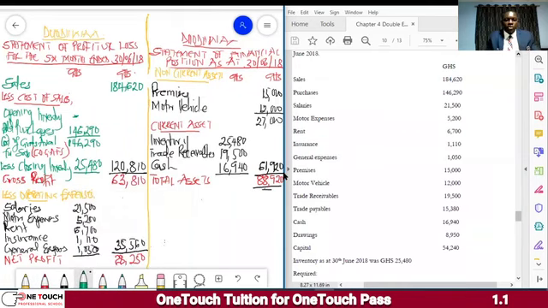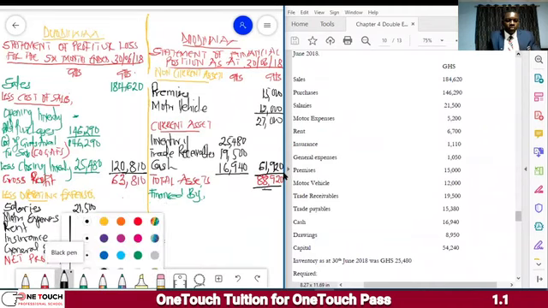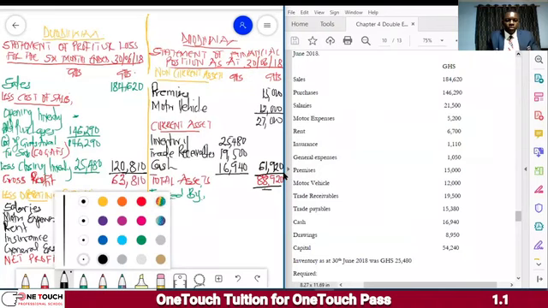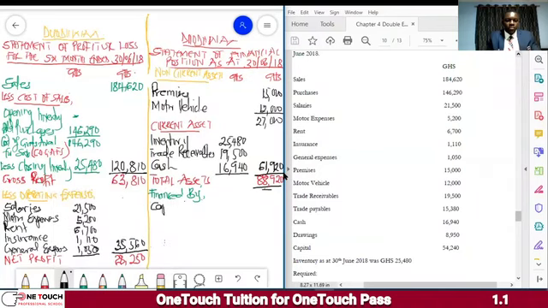Now the whole of this operation is financed by, so we have our capital. We have capital, and the capital of the business was what? 54,240.